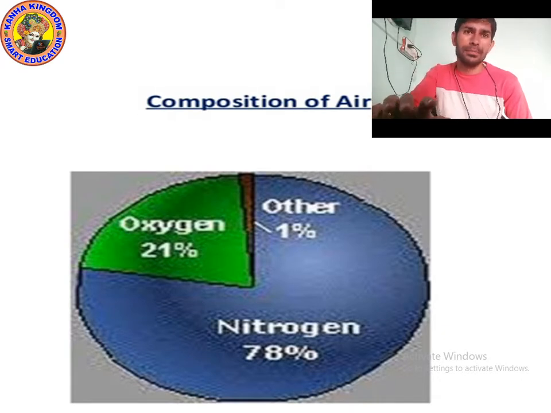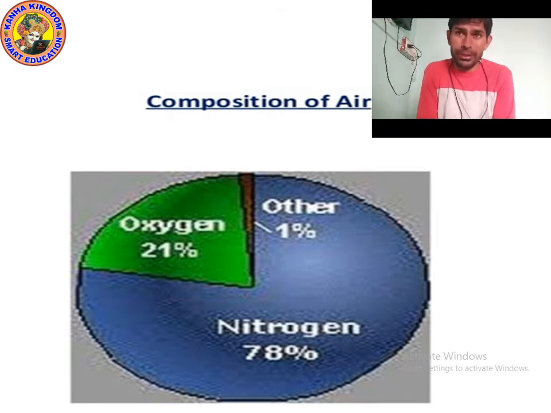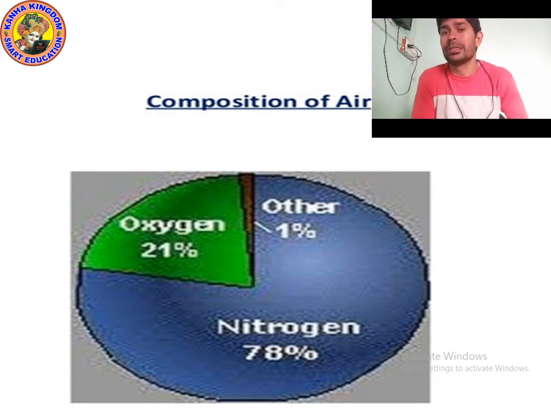And kids, you know that air is a mixture of gases. Our atmosphere has different kinds of gases. In our atmosphere, 78% is nitrogen.